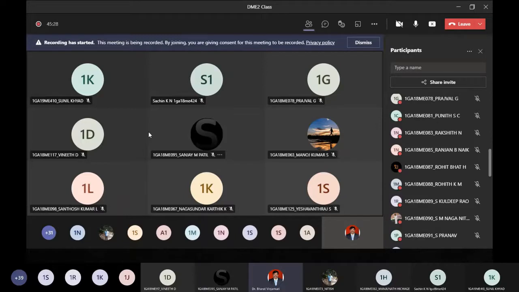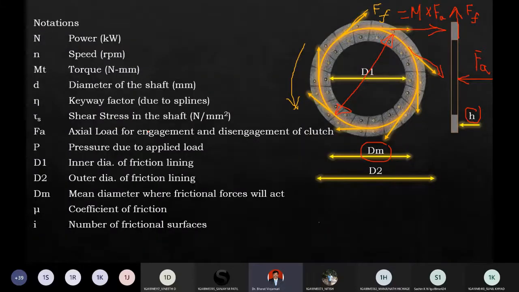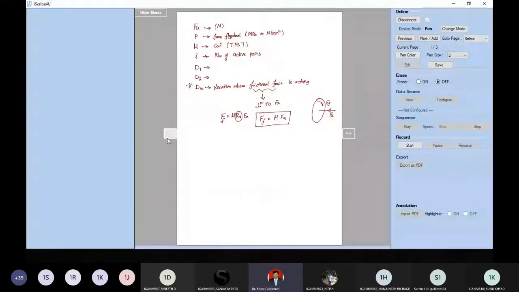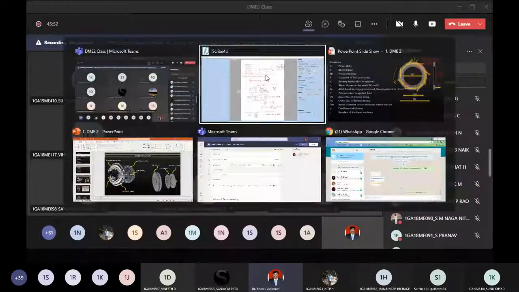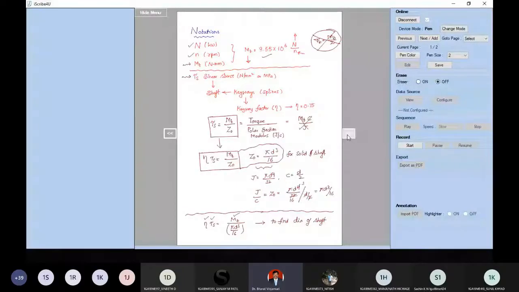This is the equation for torque, which I explained in the previous slide. MT is equal to 9.55 into 10 power of 6 times N over n. When capital N, the power, and small n, the speed, are given, we can do this.